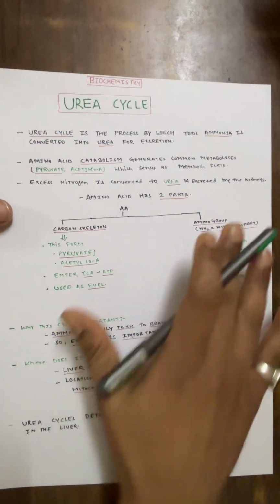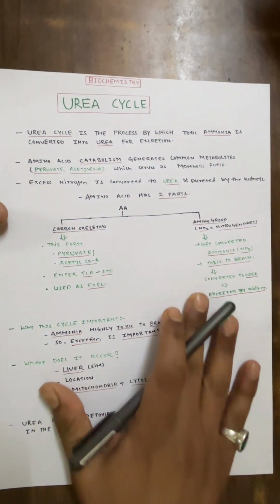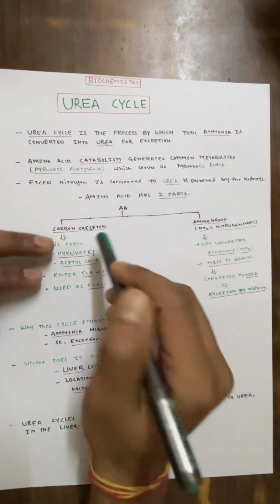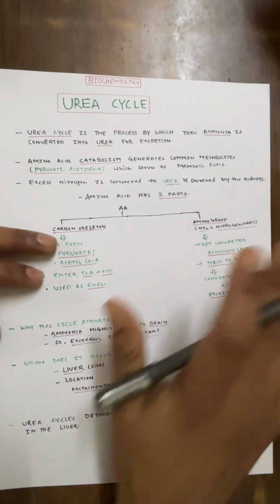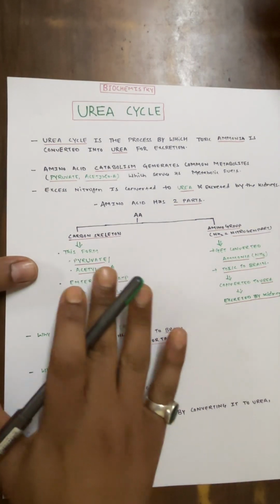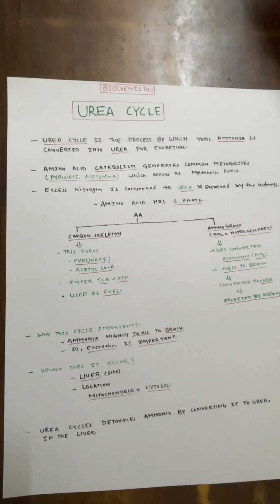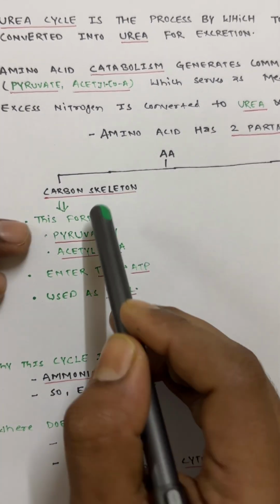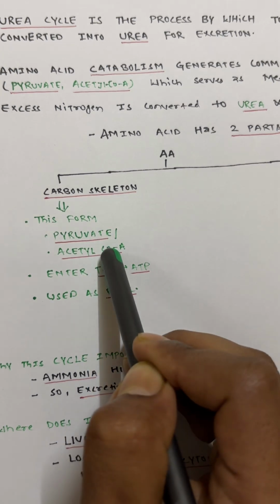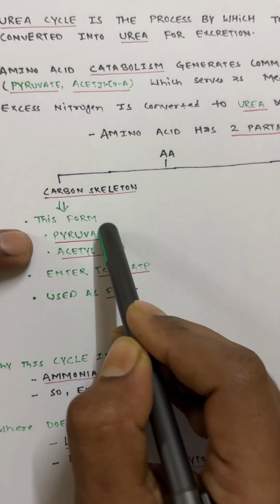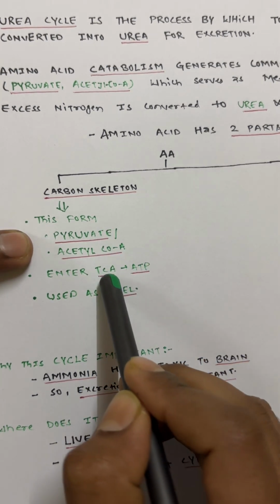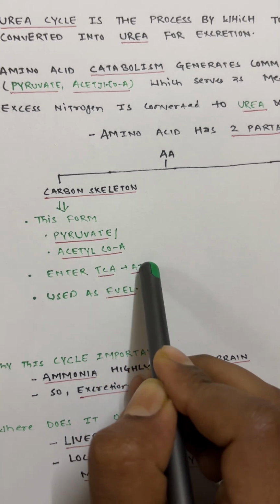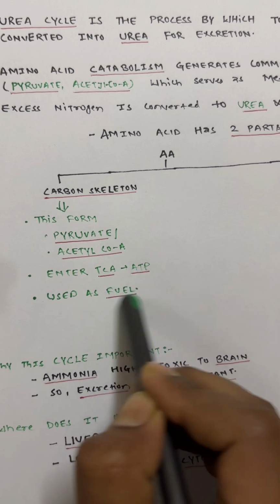Now let's understand these two lines. An amino acid has two parts. How many parts? Two parts. One is the carbon skeleton and one is the amino group. Let's first focus on the carbon skeleton. The carbon skeleton forms pyruvate and acyl coenzyme A, and we all know that pyruvate and acyl coenzyme A enter the TCA cycle, and from the TCA cycle it produces ATP, and the ATP is used as a fuel.